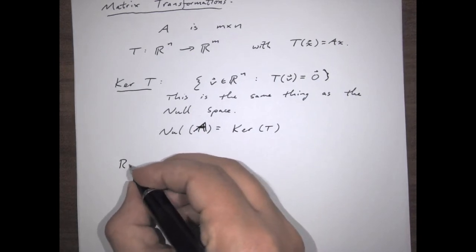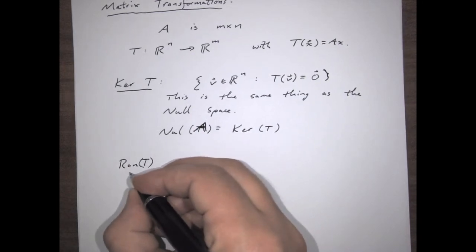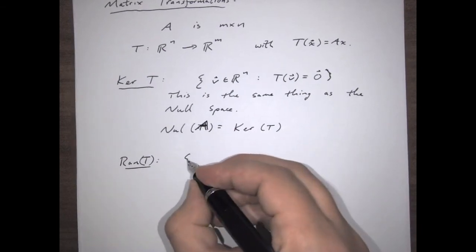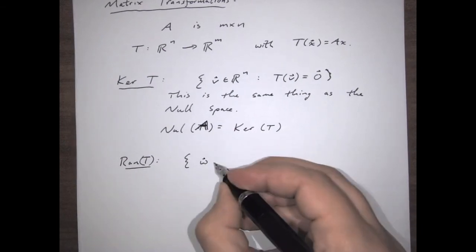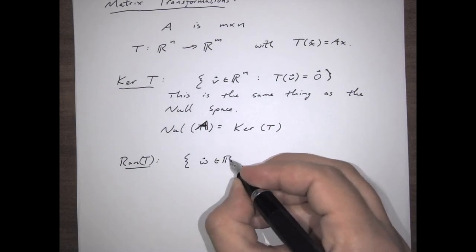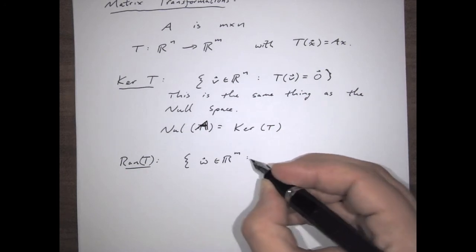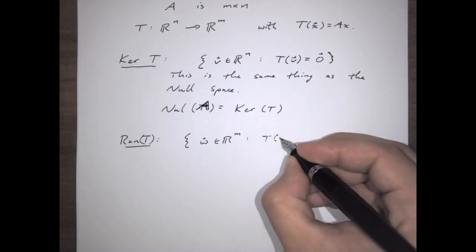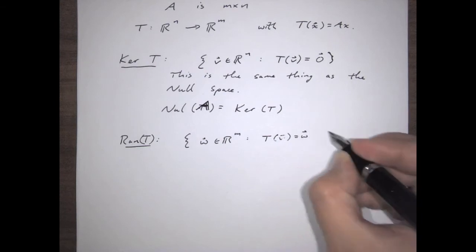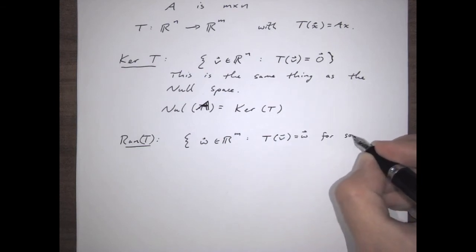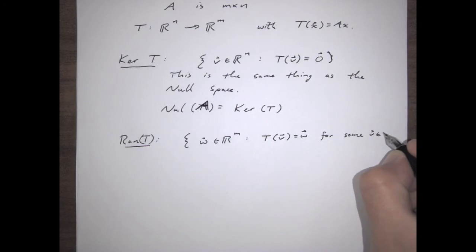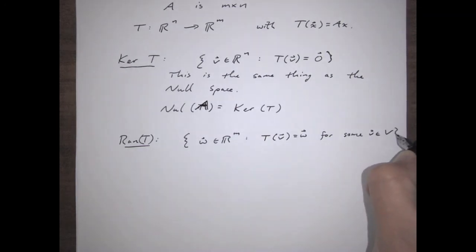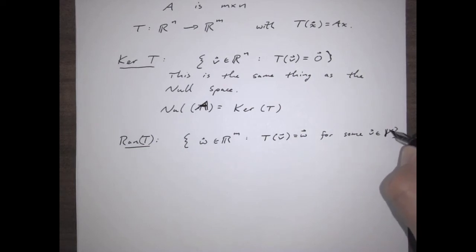Okay, now as for the range of T, this is the set of all w in Rm such that T of v equals w for some v in Rn.